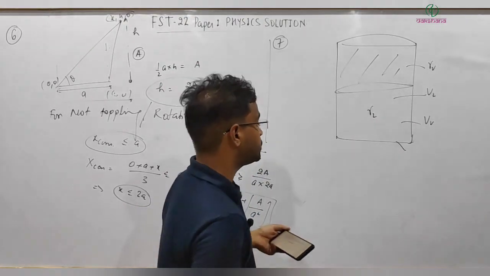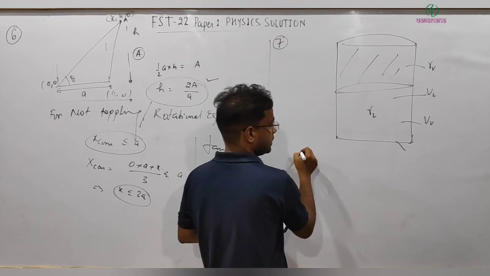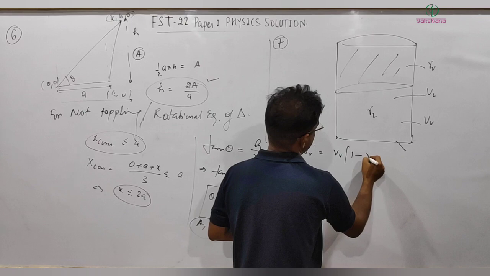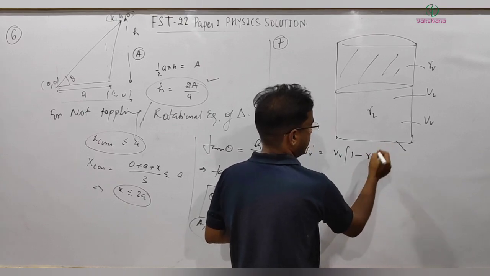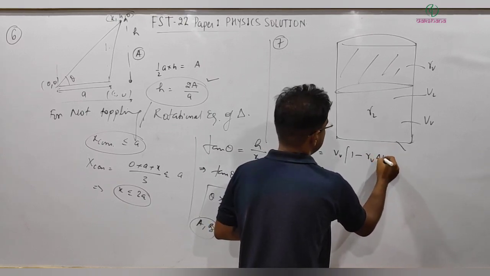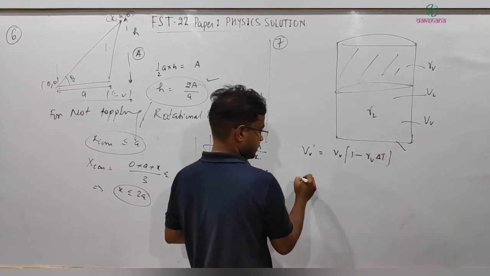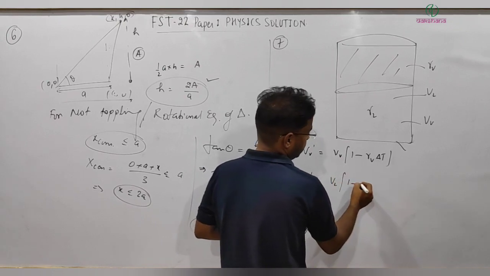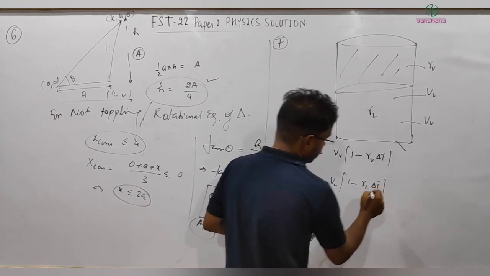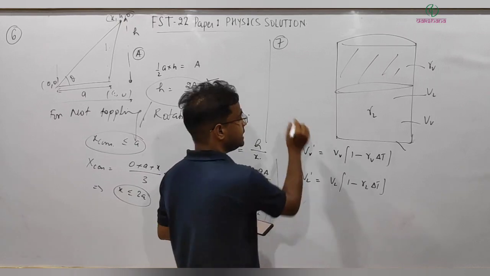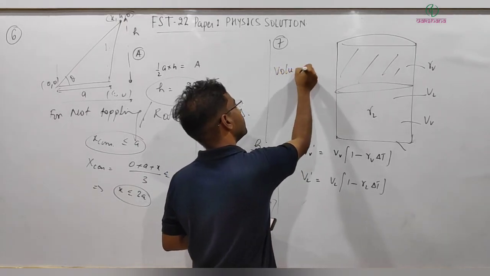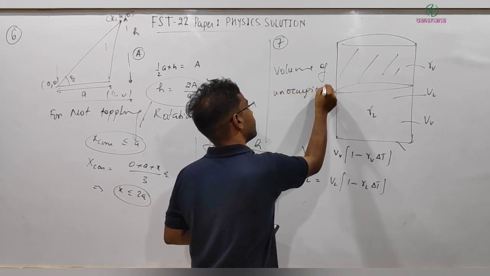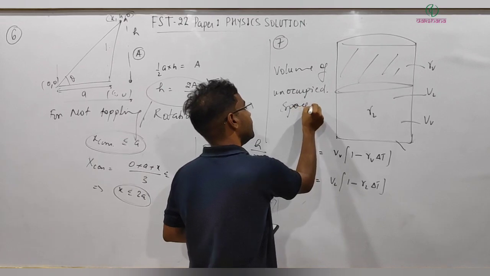So when the vessel is cooled to a lower temperature, first I can write the volume of the vessel at any temperature as VV prime equals VV times 1 minus gamma V into delta T. Similarly, VL prime equals VL times 1 minus gamma L into delta T. And what is the initial volume of unoccupied space in this container?